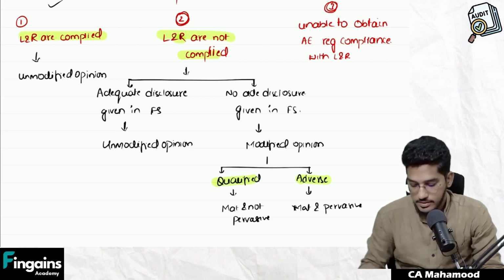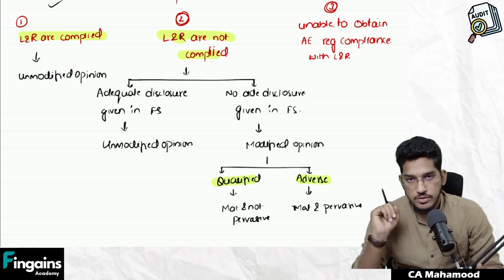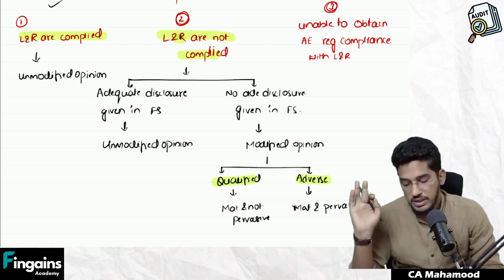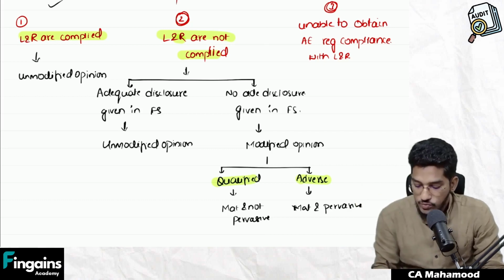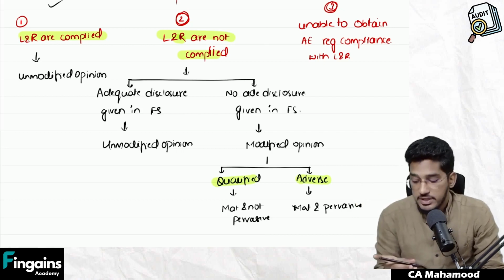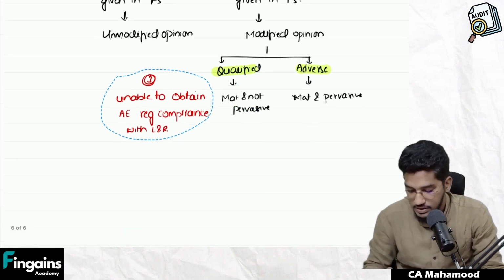Now the third case is, you tried to perform in-depth audit procedures regarding type 1 loss. You tried to perform limited audit procedures regarding type 2 loss, but you were unable to obtain sufficient and appropriate audit evidence whether some laws and regulations are complied with or not. Then what will happen?